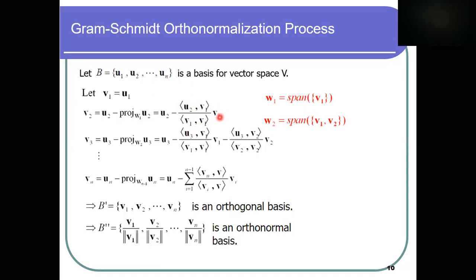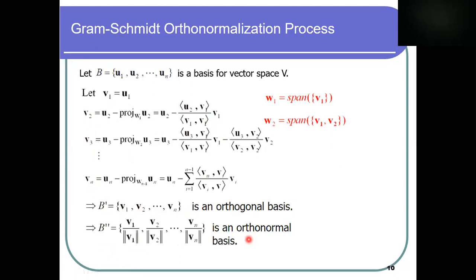That is in the direction of V1. Similarly, we do it for V3 up to Vn. So ultimately V1, V2, V3 up to Vn are an orthogonal basis. If you divide V1, V2 up to Vn by their norms, we will get an orthonormal basis.